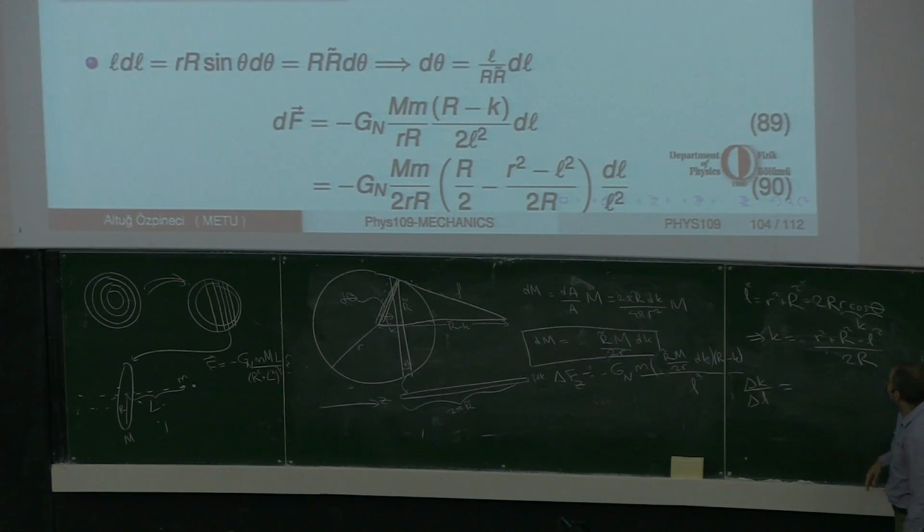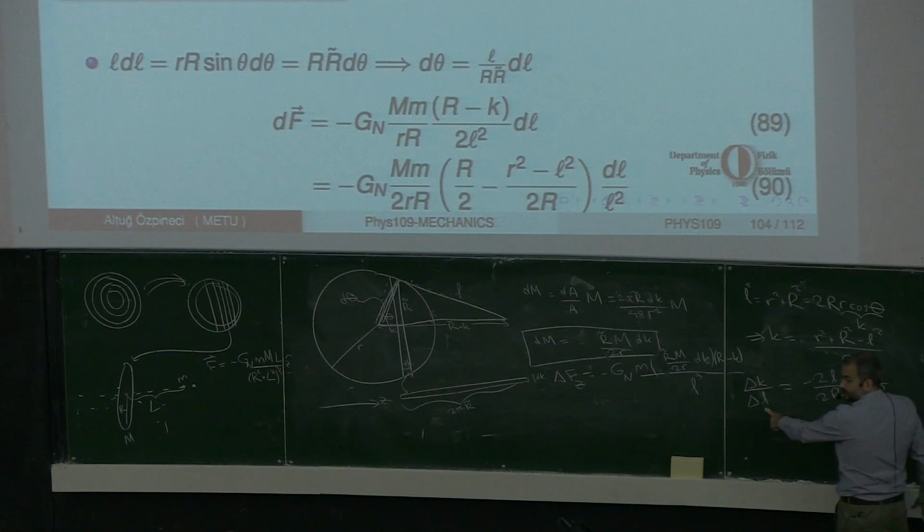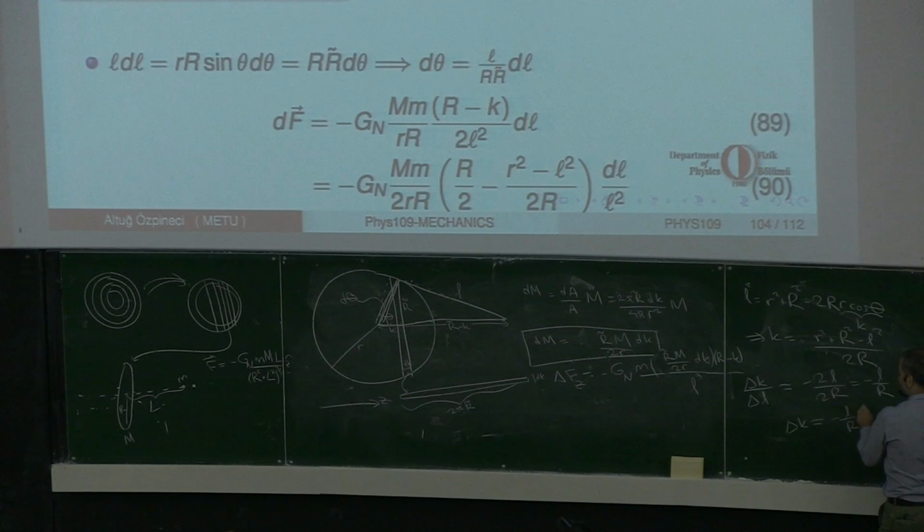If I take the derivative, well, these are just constants. The derivative of L squared is 2L divided by 2R. This is minus L over R. This just tells me that if k changes by this much and L changes by this delta L, they are related: minus L over R times delta L. If I make these changes very, very small, it's just a notation.